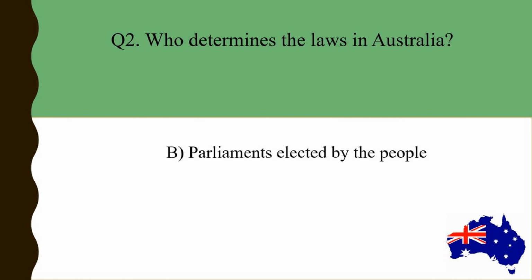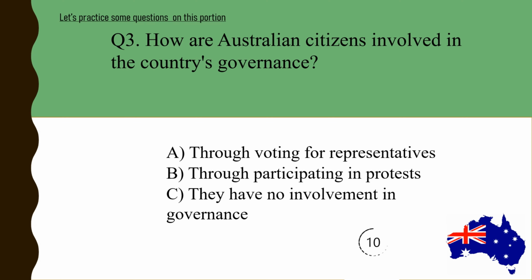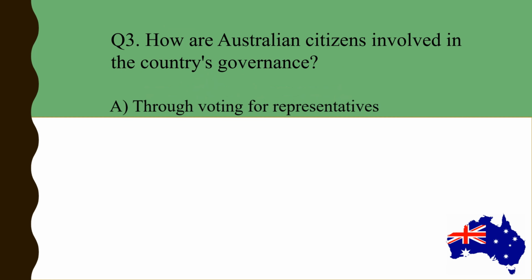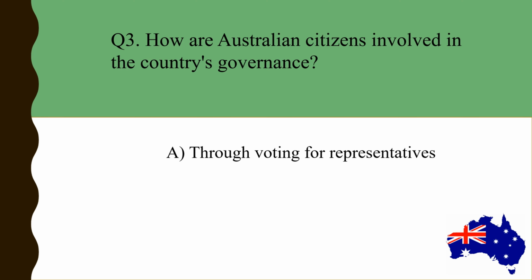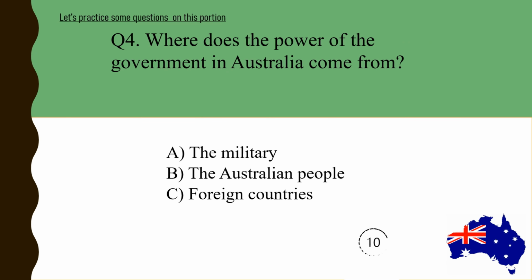The answer is parliaments elected by the people. Question 3. How are Australian citizens involved in the country's governance? The answer is A. Through voting for representatives.